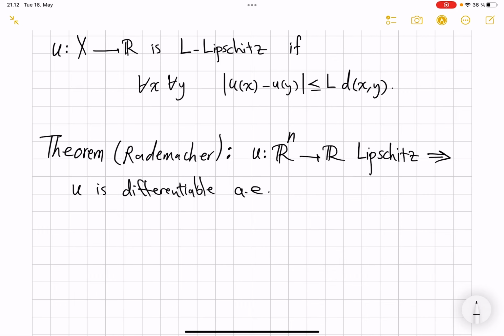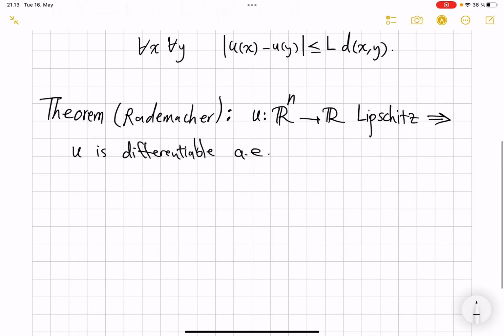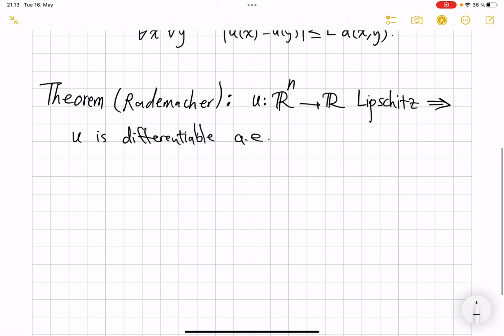Also, Lipschitz functions are in the classical Sobolev space. On a general metric space, you cannot talk about differentiability, but then there is a notion that kind of captures the rate of change of the function, and that is the local Lipschitz constant.